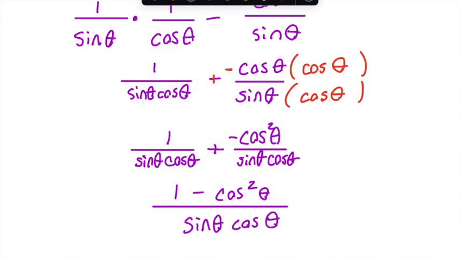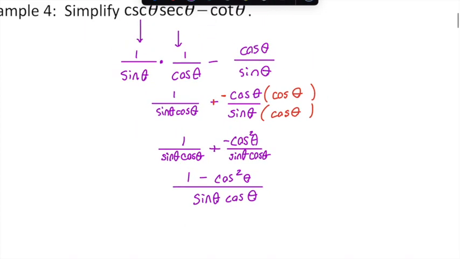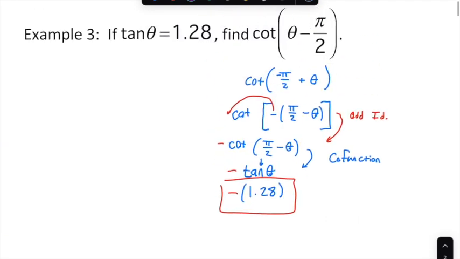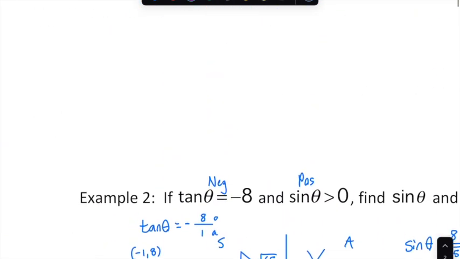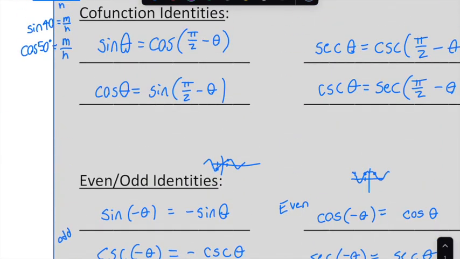Okay. After doing this step a few times, y'all will start to recognize this. That numerator, 1 minus cosine squared theta, when you see a 1 and then you see something squared, I want y'all to start thinking of the Pythagorean identities. If you go back for a second and look at your Pythagorean identities, what was it? It was 1 minus sine squared, I think, or was it 1 minus cosine squared? So look up here.